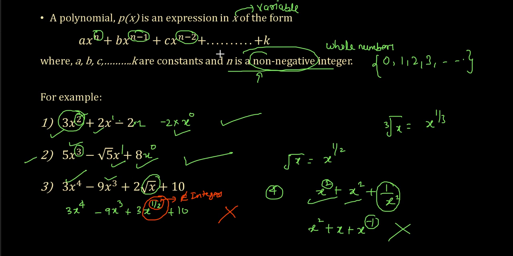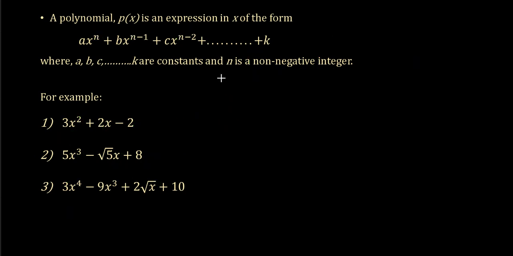Now comes what is called the order of polynomial. What order says is that you first find out the highest degree term, the term which is having the highest power of the variable.